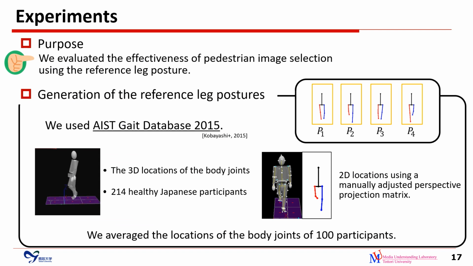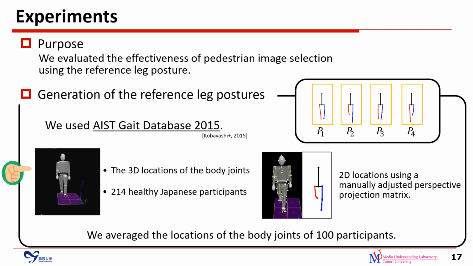We evaluated the effectiveness of pedestrian image selection using the reference leg posture. We generated the reference postures using the AIST gait database. The database measures 3D locations of the body joints using a motion capture system from walking participants.